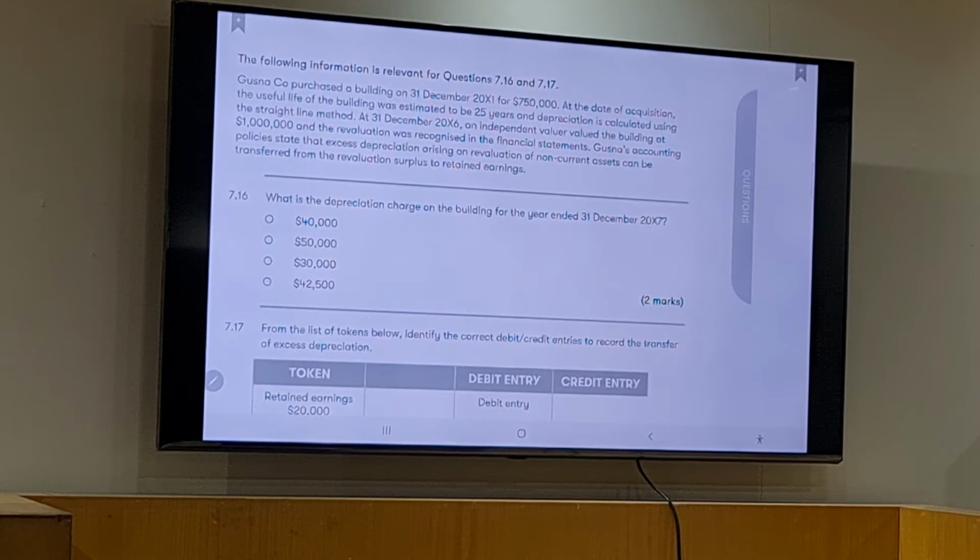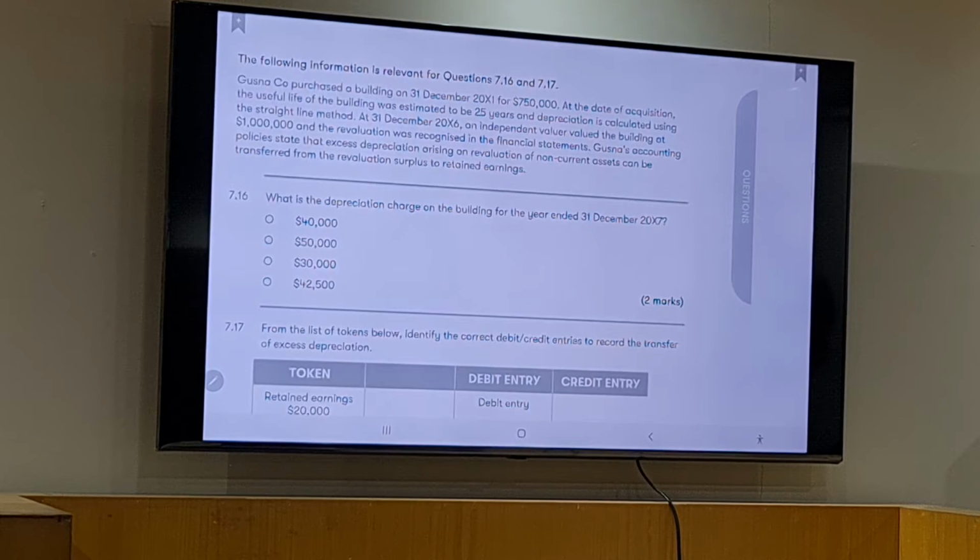The company purchased a building on 31st December for 750,000. At the date of the acquisition, the useful life of the building was estimated to be 25 years, and depreciation is calculated using the straight line method. At 31st December 2016, an independent valuer valued the building at 1 million, and the revaluation was recognized in the financial statements.